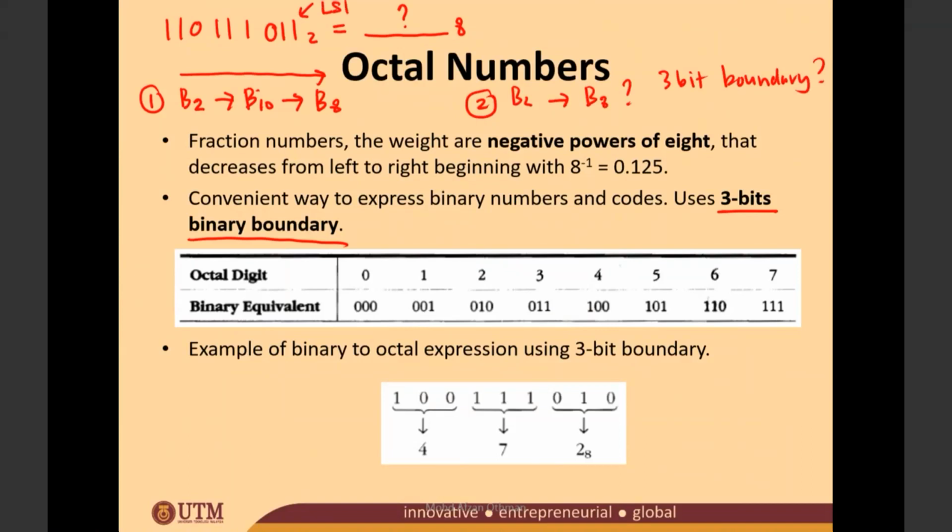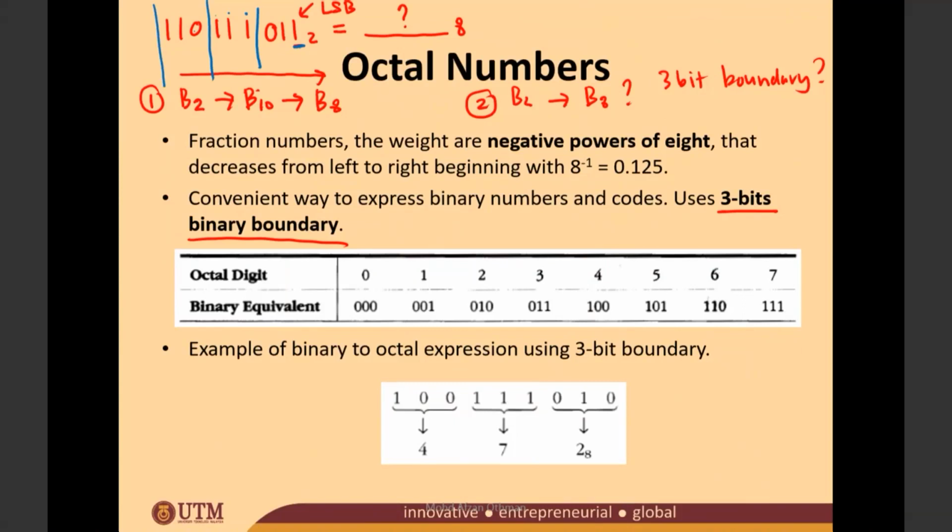Okay, so this is a least significant bit. Okay, started from here. Okay, kamu buat setiap group ada 3 bit. Okay, so this is 1, 2, 3. Okay, kamu jadikan dia sebagai satu group. Okay, so 1, 2, 3, saya jadikan dia sebagai satu group. 1, 2, 3, saya jadikan dia another group.